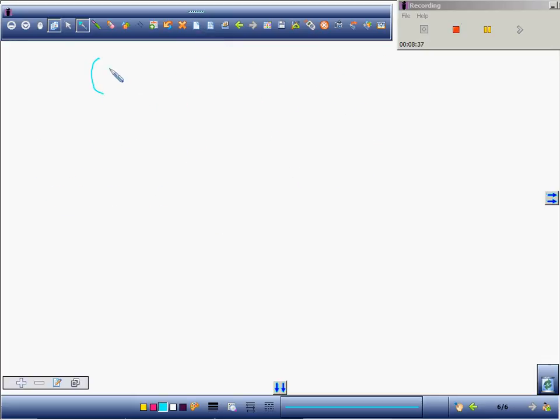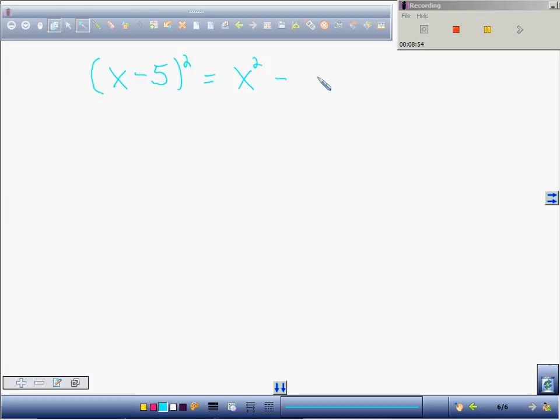Say I have x minus 5 squared. This should be easy, okay? You'll like this one better. What's this one squared? x squared. What's this term times this term? What's x times negative 5? But I'm going to have 2 of those, right?